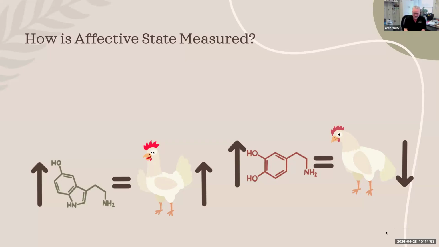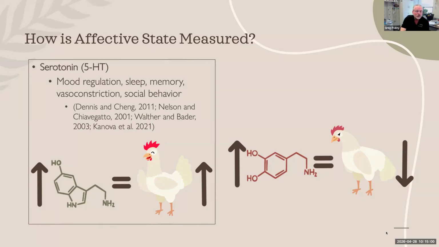Anna's already given us an excellent talk about dopamine and serotonin, so I won't go into a lot of that, but she had already talked about serotonin. It's involved with mood regulation, sleep, memory, as well as social behaviors and other peripheral effects.